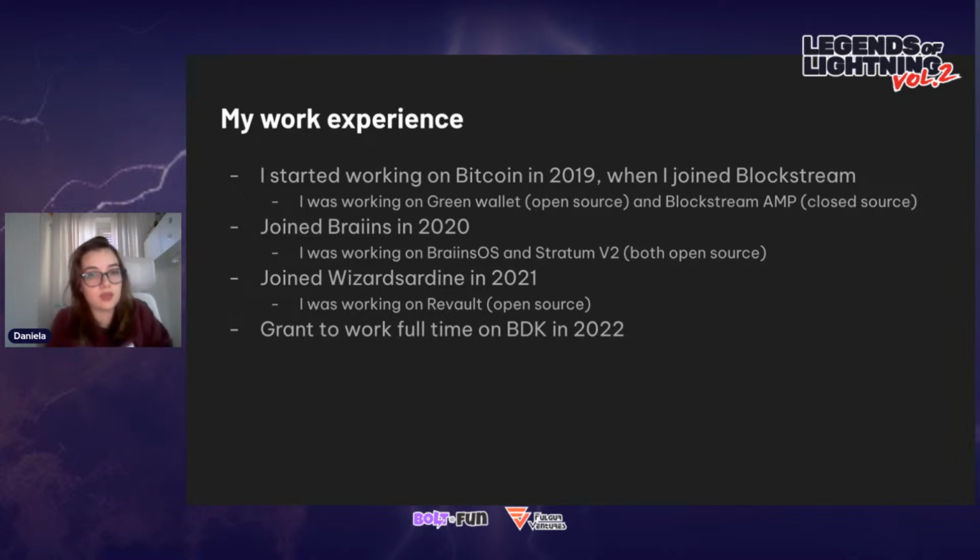In 2020, I joined Brains. I worked on Brains OS and Stratum v2, and both of these projects are open source. Then I joined Wizard Sardine in 2021. I was working on Revolt, which is still open source, and in the end, I got a grant to work full time on BDK in 2022.